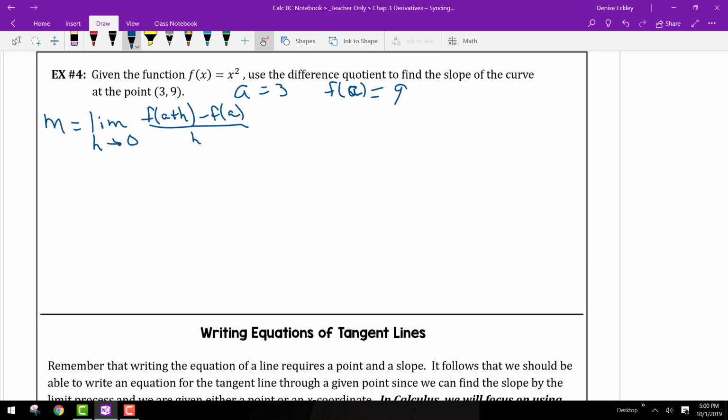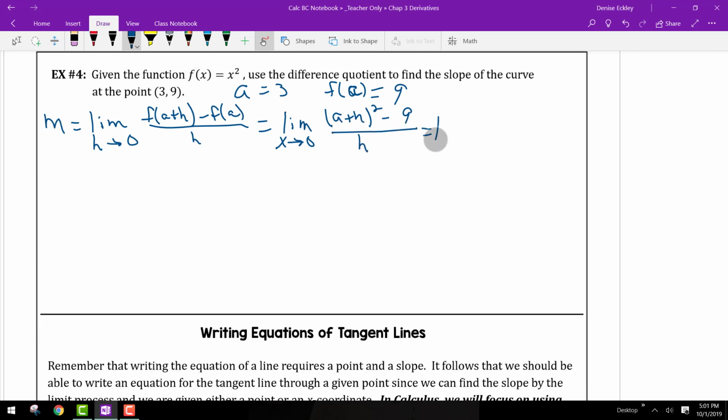So we're going to substitute in a plus h for x squared. So we're going to have the limit as h approaches 0 of a plus h squared minus, and we can just substitute in 9 for f of a because that was given to us, all over h.